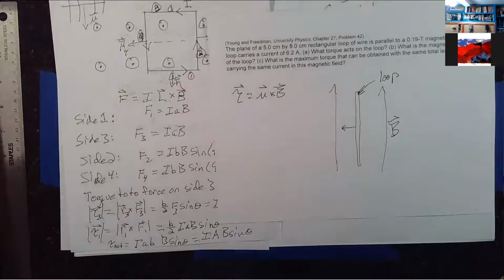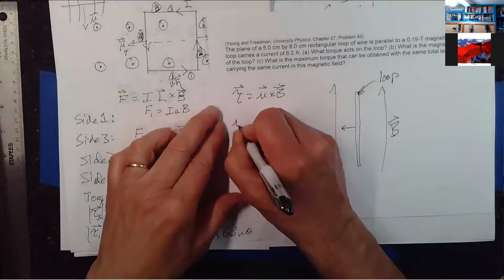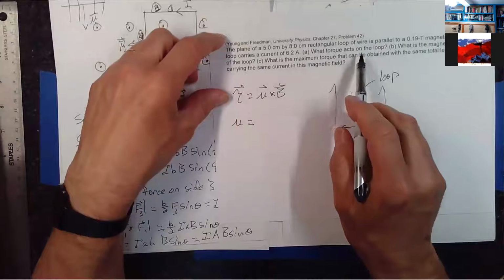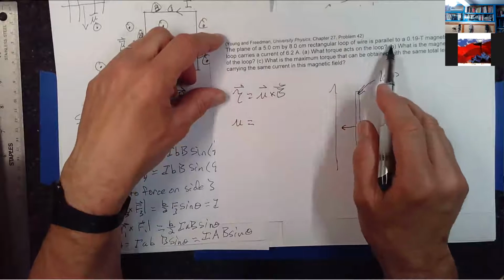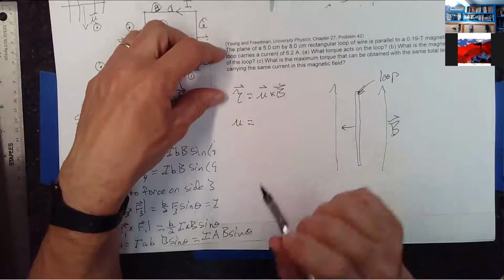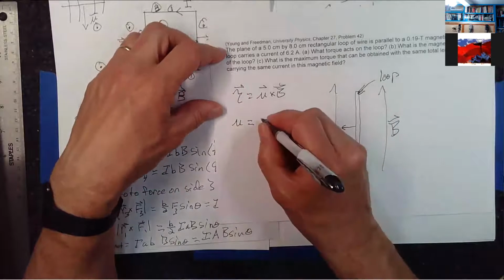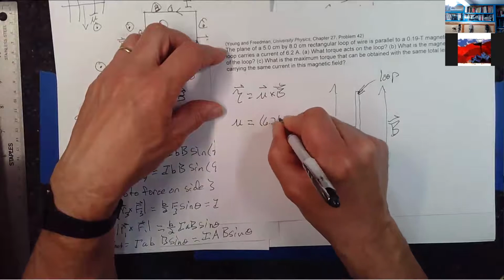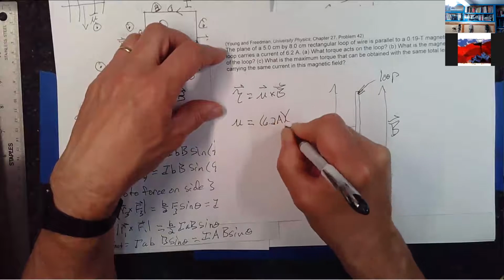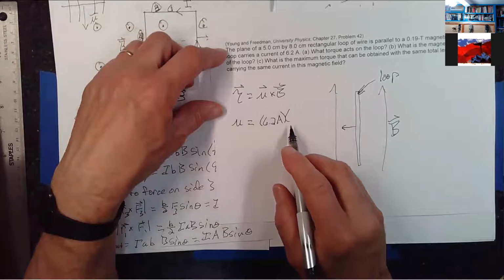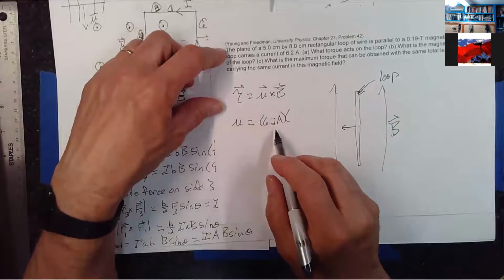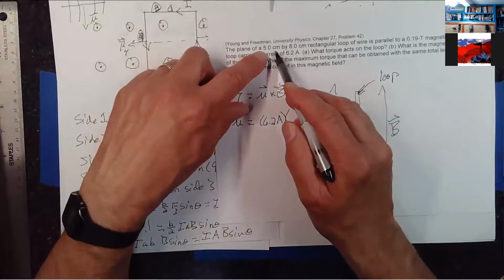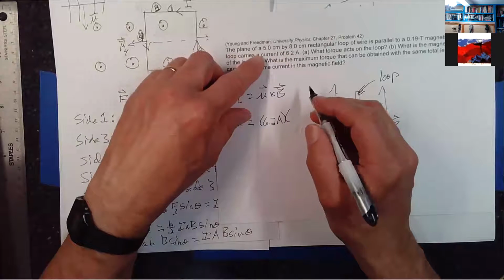All right. So in this case, the magnitude of mu, it's a single loop of wire as near as I can tell with a 6.2 amp current. So it will equal 6.2 amperes. Now this A stands for ampere, not the area of the loop. The area is equal to 5 times 10 to the minus 2 times 8 times 10 to the minus 2.